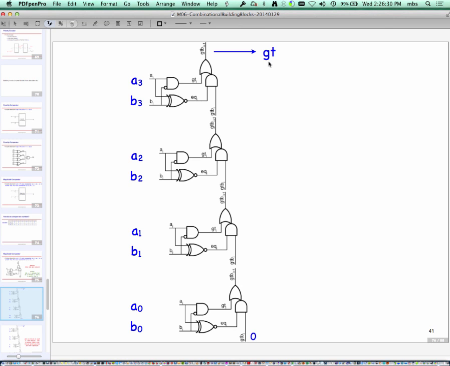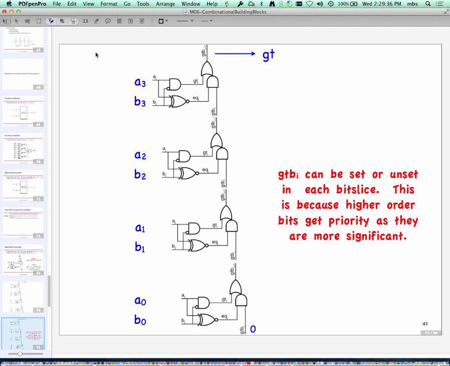So let's work out an example to make sure that we are comfortable with it. So let's pick a number.